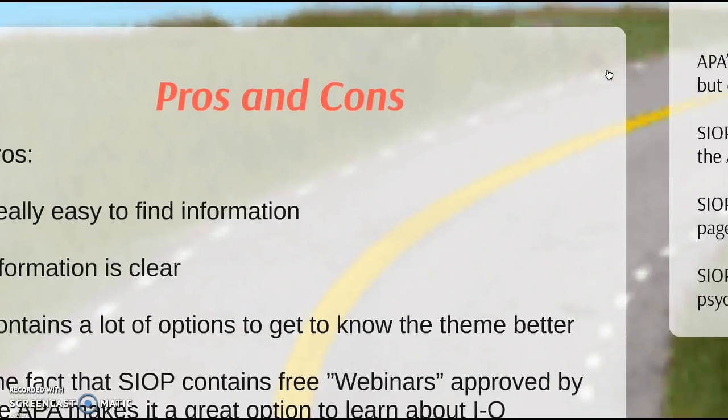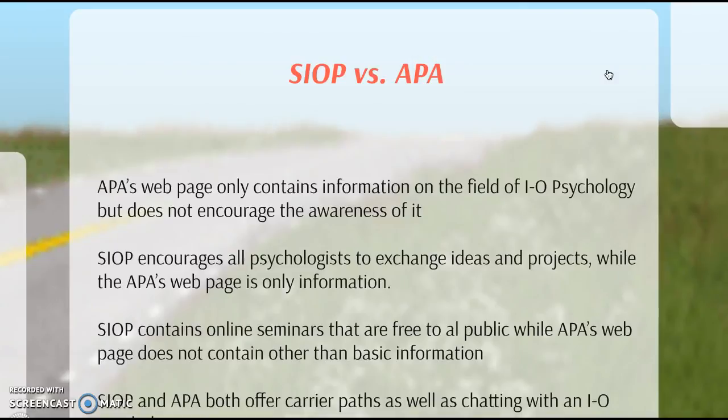psychology. So, comparing SIOP versus APA, I know that SIOP is part of the APA, but they have different web pages. APA's web page only contains information on the field of IO psychology, but does not encourage awareness of it. SIOP encourages all psychologists to exchange ideas and projects, while the APA's web page is only information.